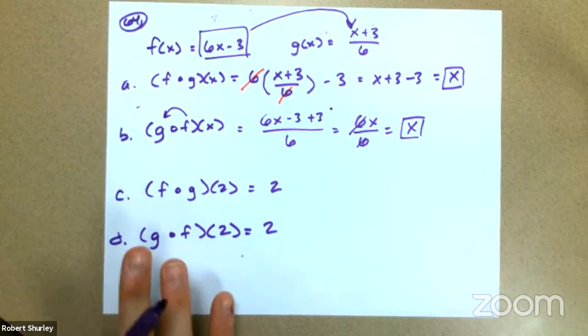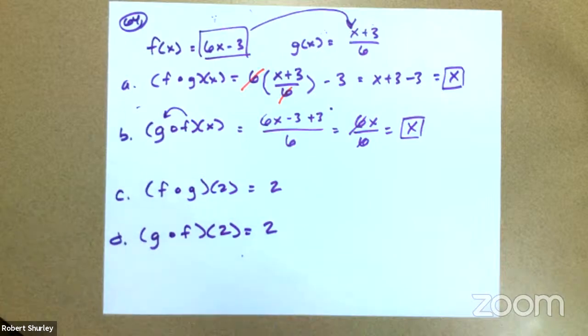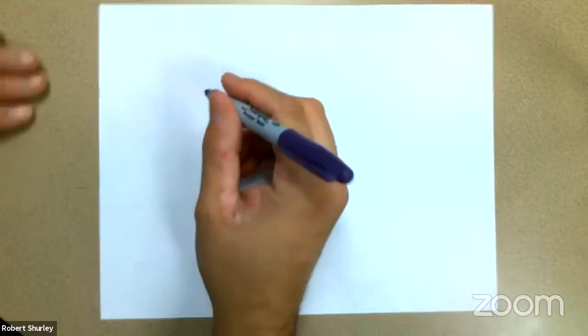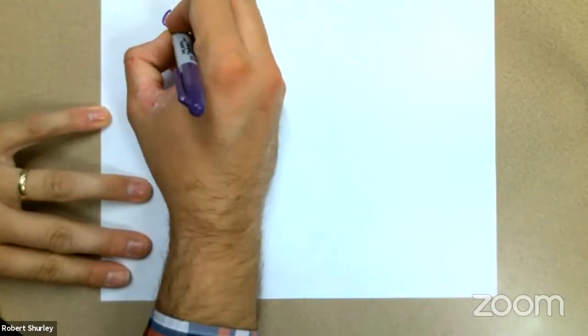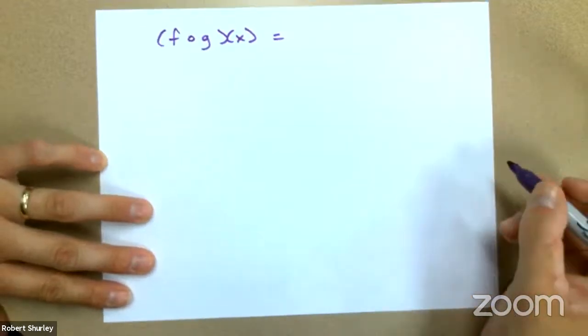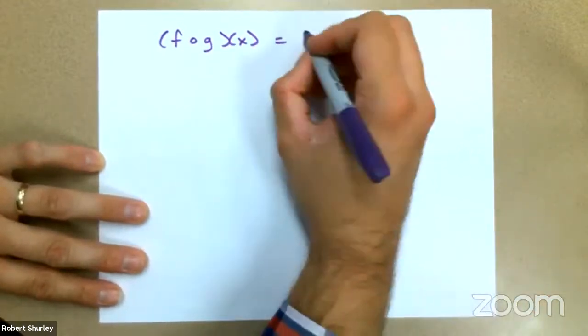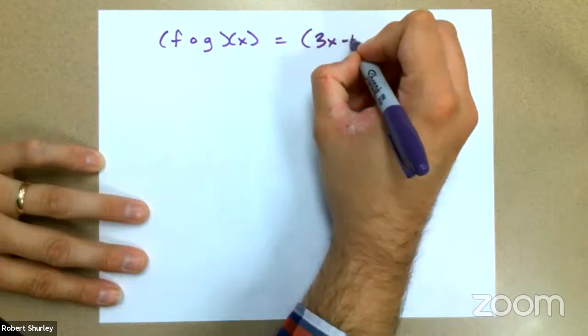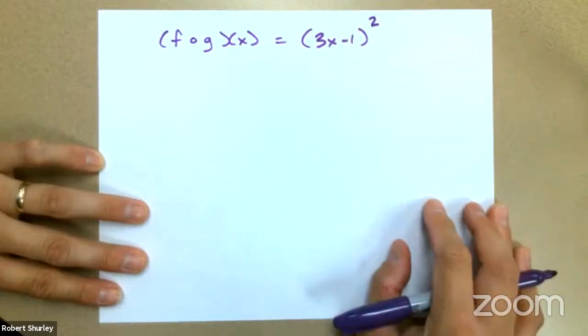Let's go backwards now. I know we might not totally grasp this concept yet, and that's fine. What if I gave you a composition? I want your brain to really think about this one. I'm going to give you f composed of g of x, so let's say 3x minus 1 squared.